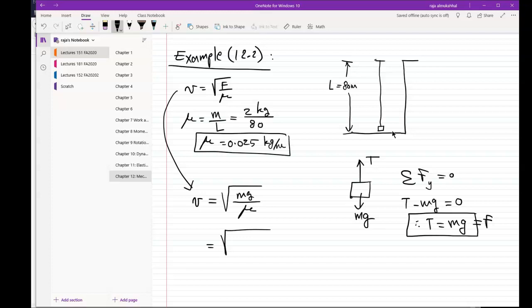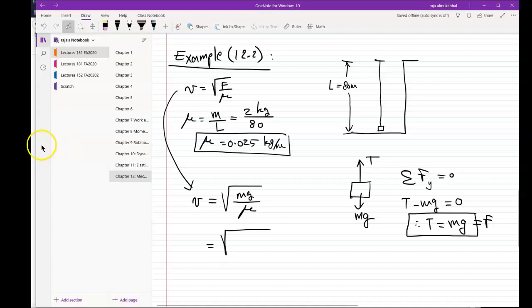It's the mass of the box. The box is the one that is causing the tension. It's not the rope. The mass of the box is given to us. It's equal to, I'm trying to find it, 20 kilograms.